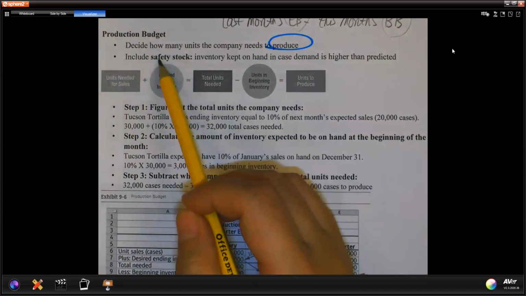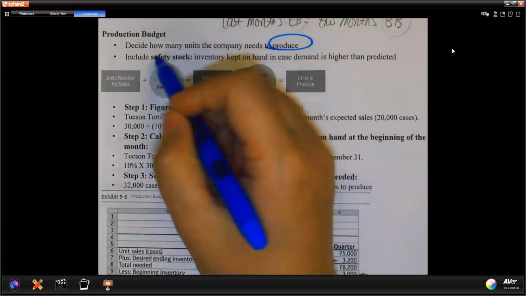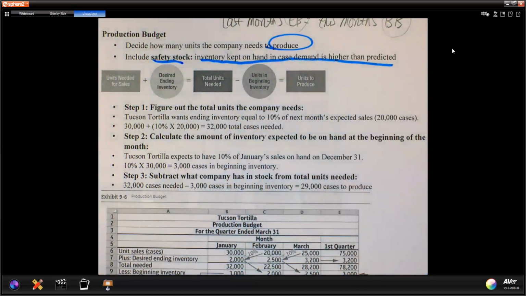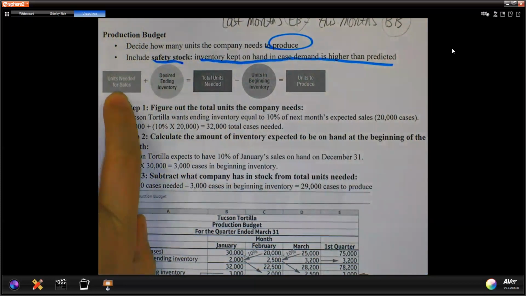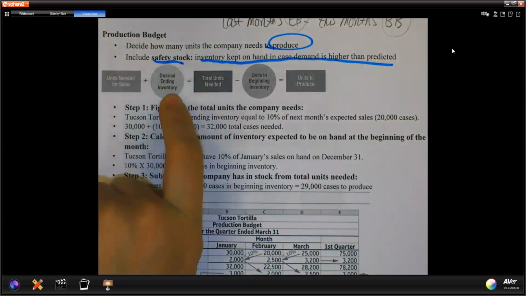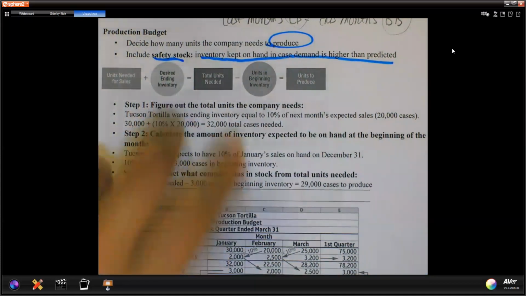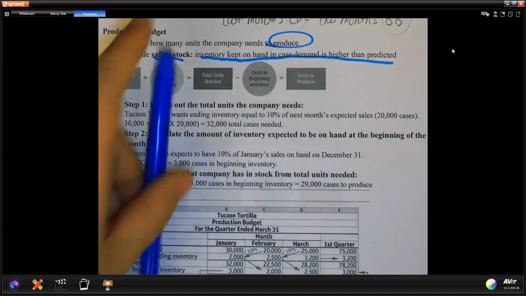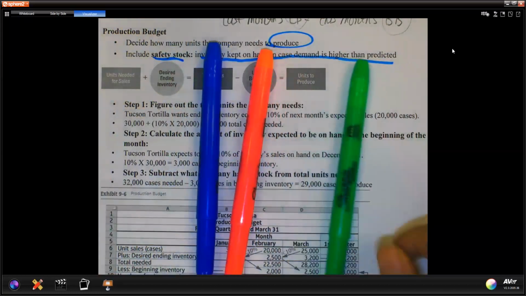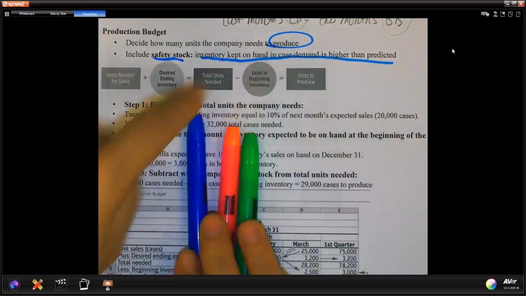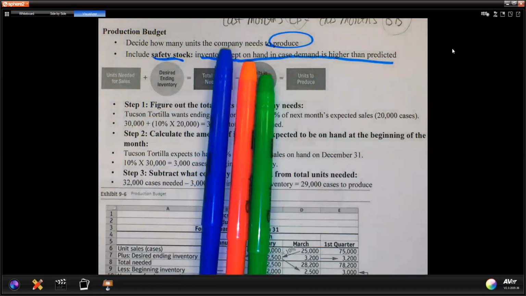As I mentioned, companies want to have some safety stock, some ending balance, in case the demand is higher. You thought you would sell 2 units, but you want to give yourself a little extra safety. So maybe you want an ending balance of 1 extra. You thought you would sell 2, but you want an ending balance of 1, so you need to produce 3. You need to have 3 units. But does that mean you will produce 3? No. Why?